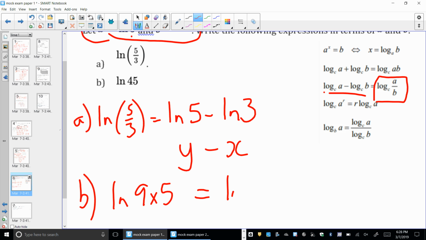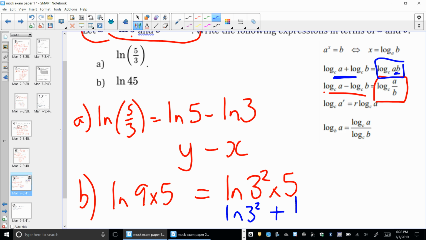That in turn can be written as 3 squared multiplied by 5. So this now looks similar to this, where you've got two things multiplying together, which means we can separate them by adding. So this is going to be ln 3 squared plus ln 5.